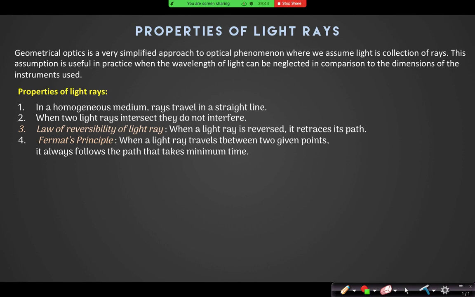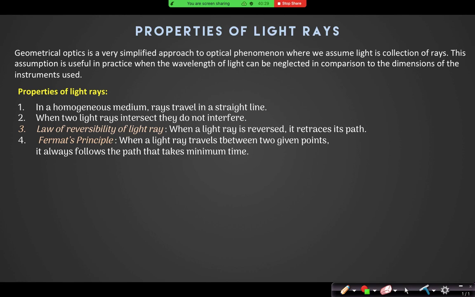For visible light, the wavelength will be of the order of 10 power minus 5 centimeter or 10 power minus 7 centimeter, so that is very much negligible compared to the radius of that particular mirror. Or if you are using a lens, you can neglect the wavelength of light in comparison to the dimensions of the lens. In that case, we can use light rays, and they are an exceptionally good approximation to analyze the behavior of light.